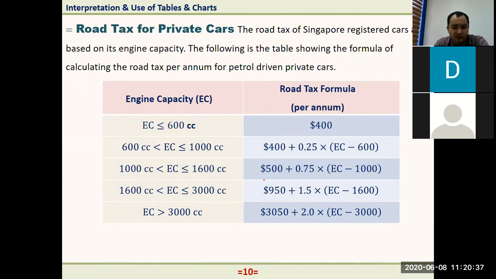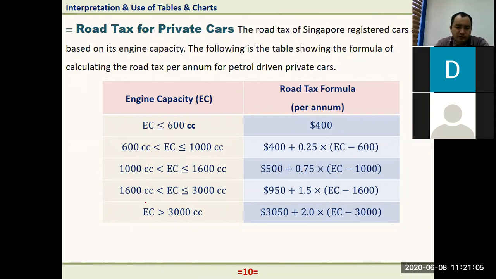So that is 500 plus, for each cc, 0.75 times how much is exceeding this amount, right? Again, for example, you have a car that is 1,500 cc. So 1,500 minus 1,000 is 500. 500 times 0.75 is 375. So add this together, that is $875, right?